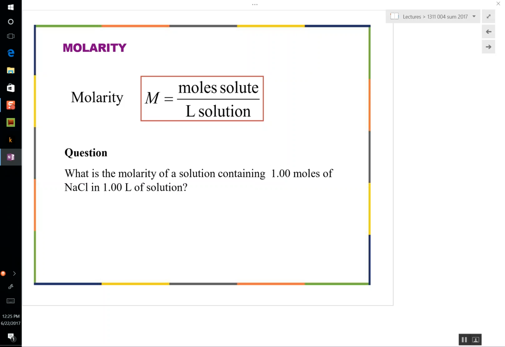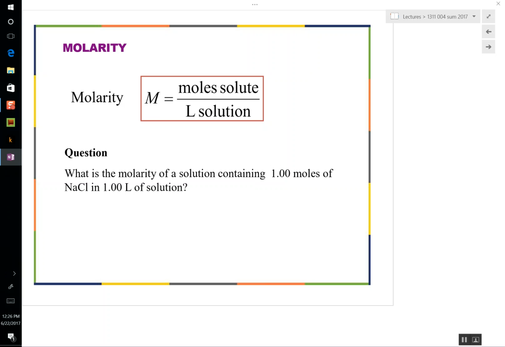All right, so this 10 milliliters divided by 1,000 is what? It's 1/100th. So there's 100 of these in there.